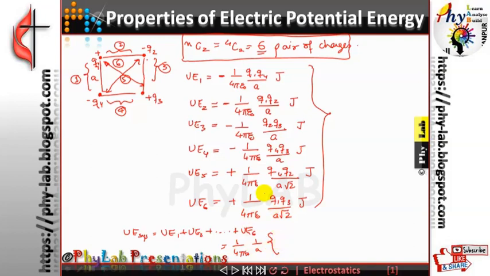I have taken them common, and then I have got minus Q1 Q4 by A, minus Q1 Q2 by A, minus Q2 Q3, sorry, A has already been taken out, so this A is not there, minus Q2 Q3, then minus Q4 Q3, and then I've got plus Q4 Q2 upon A root 2 and plus Q1 Q3 by A root 2, and this will give me the total potential energy, friends.